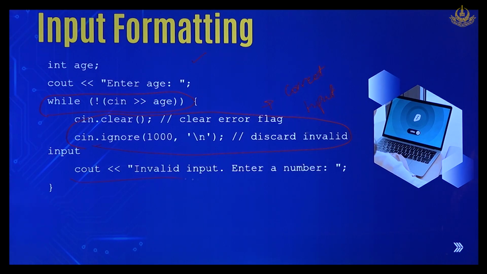However, whenever you enter the correct input to the age, the flag is cleared, the values are ignored except if the value has some \n attached to it, and then the value is stored in age. So hope you were able to understand that. Simply it means that it is checking for the correct type of input.